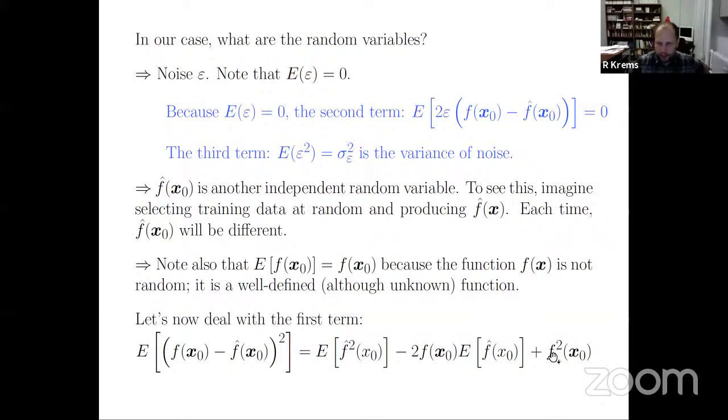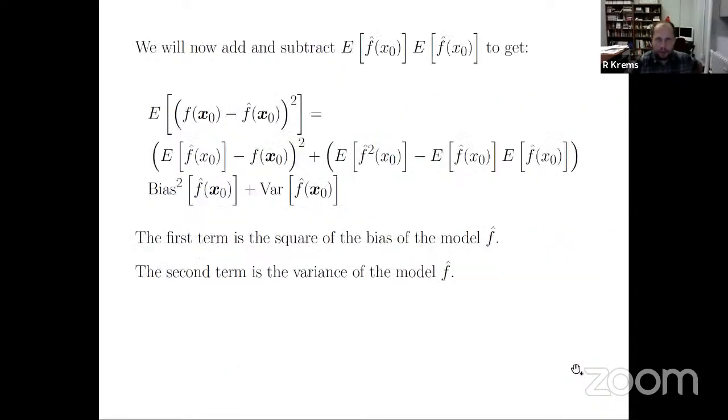And then the square of the function is also going to be there. Now we're going to add and subtract this product here, and if we do that, we have this general equation, and if we look at it carefully, we'll see that this term here is basically the square of the bias of the model.